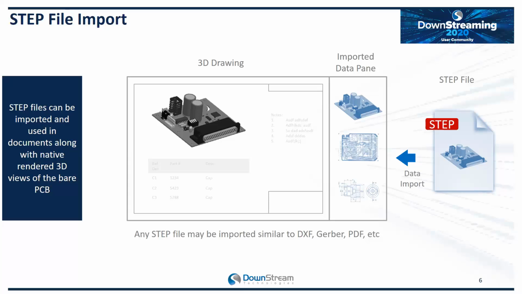But in addition to that, you may want to have further information, detail, if I may, in your 3D documentation, and that can be done by importing, just like you import today a DXF file or a Gerber file or a PDF file or the design file itself. You can import a step model of the whole PCB, which then becomes available to use on a drawing sheet as you choose. And I'll demonstrate that as well in the demonstration.